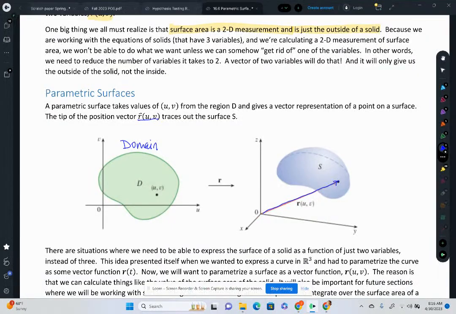And as you can imagine, there's probably an infinite number of points on any given surface, just as there's an infinite number of uv pairs in a domain D. So we're going to take those infinite number of pairs, plug them into the vector. The vector is going to shoot out all the points that make up the outer portion of a solid, which is called the surface of the solid. Okay.